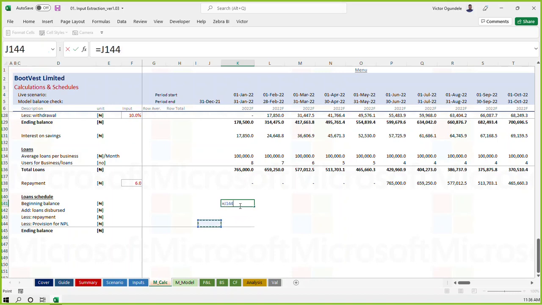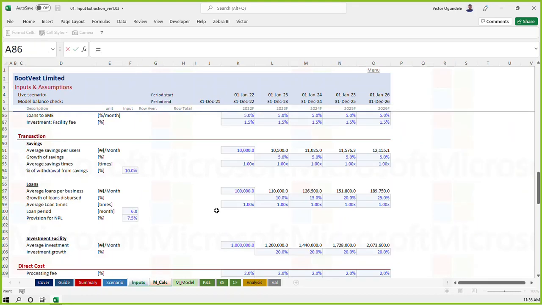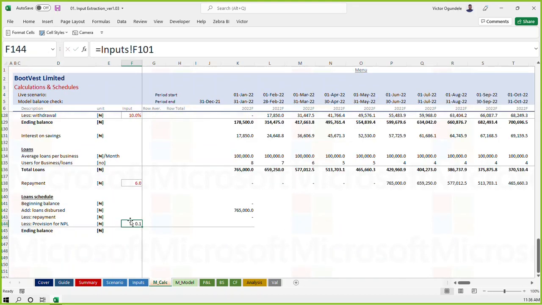So beginning balance is the closing balance of the previous year. Loan disbursed is the total loans here. Repayments equal just the repayment here. Let's factor this in for now. Then provision, so let me bring that percent in here and link it.